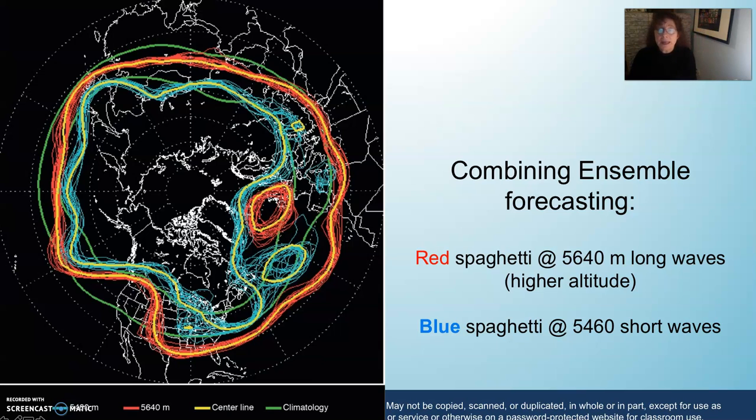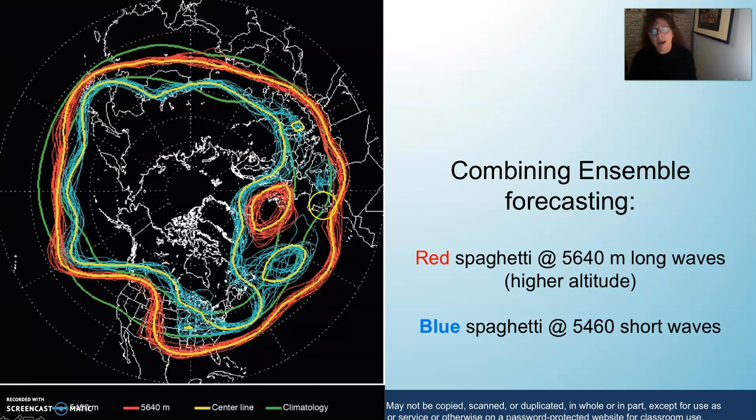And what you're doing here is you're taking a spaghetti model of red, and there must be 18, 20 lines in there of different variations of the same model for long waves in here. All right. And you can combine that. That is at a higher altitude.